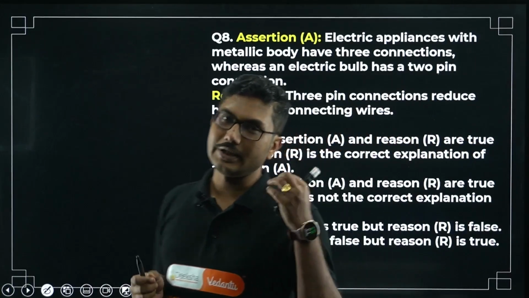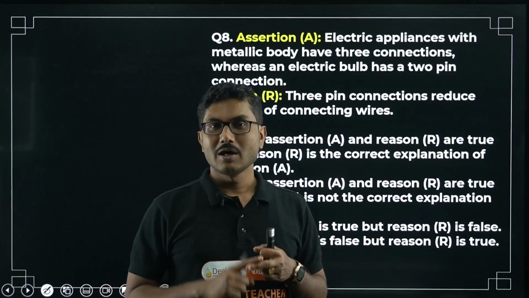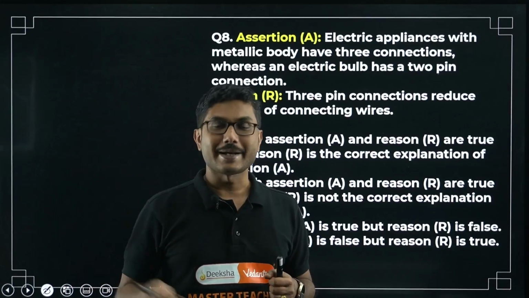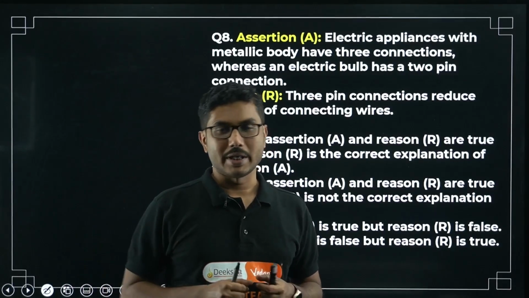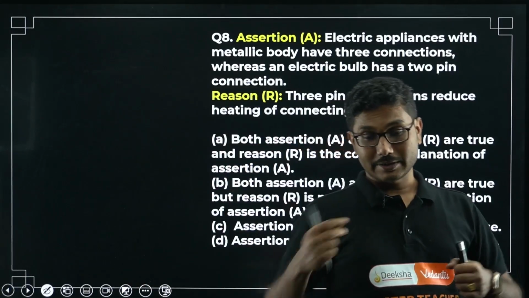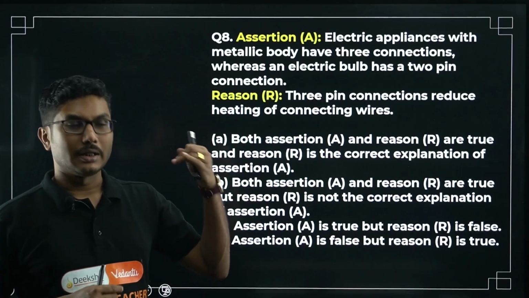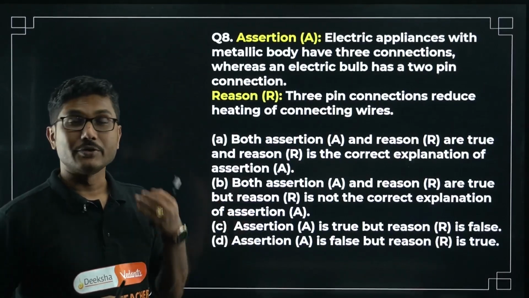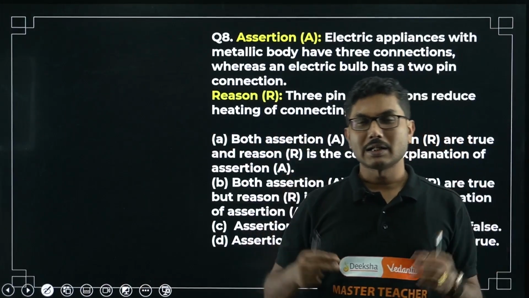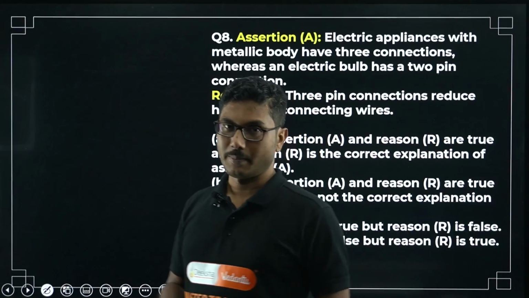There are 3 wires generally used in our household circuits. One is the live wire, which carries the current. There is a neutral wire which takes back the current, and there is a ground wire. The ground wire actually grounds the circuit. Few circuits actually require grounding. For example, the fridge with a metallic body requires a 3-pin connection, because otherwise, if there is a leakage of electricity, the metallic body will be electrified.